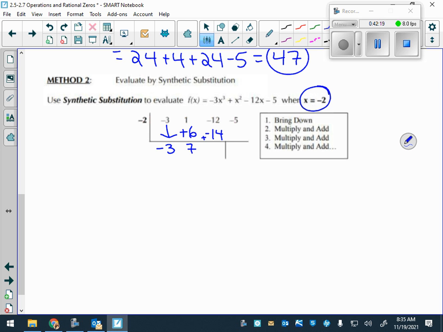We add negative 12 plus negative 14 is what? Negative 26, good. Now, negative 26 times negative 2 is what? 52. Now, what's negative 5 plus 52?